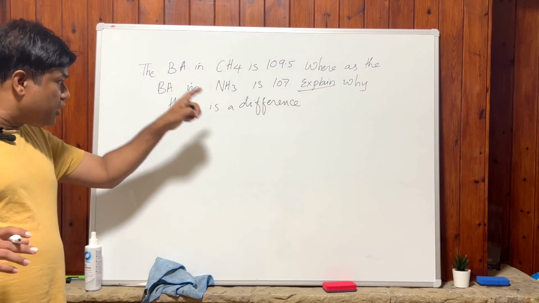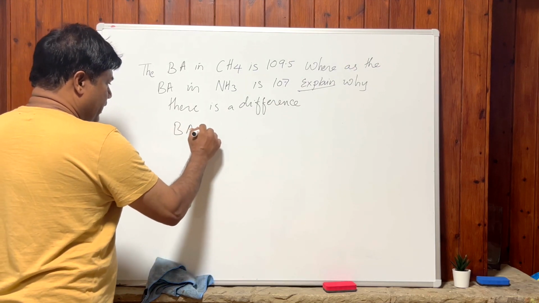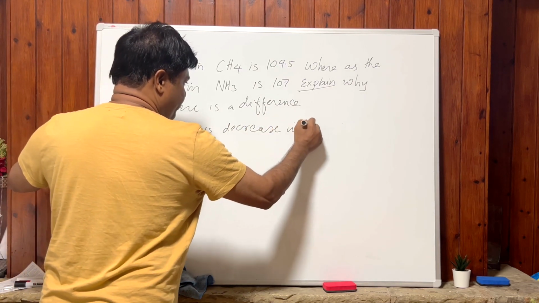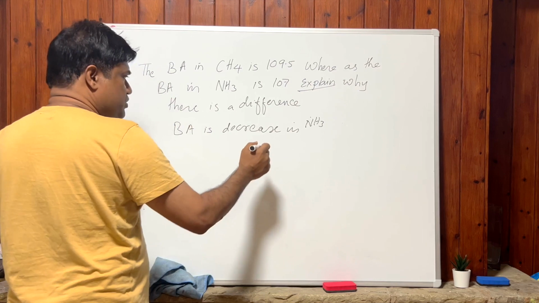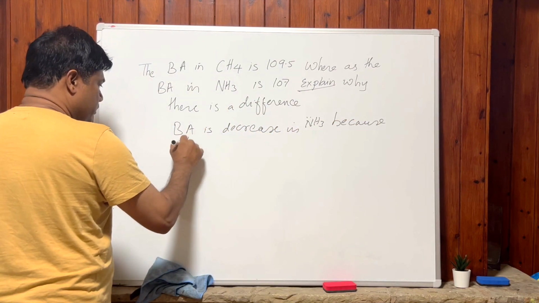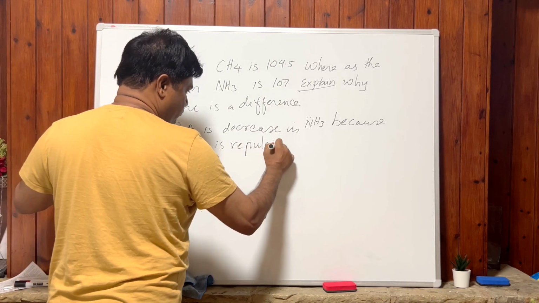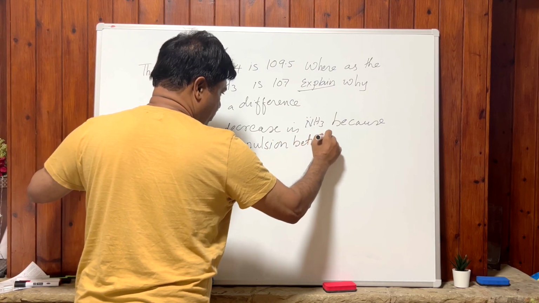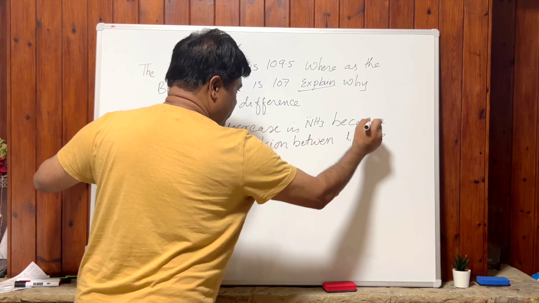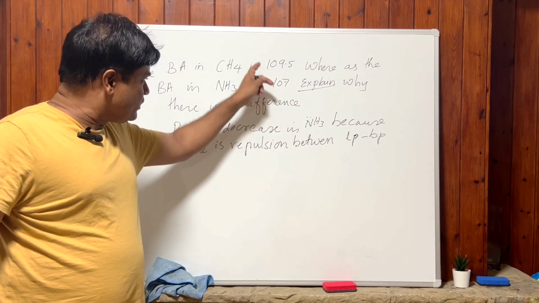In ammonia, NH3, the bond angle is decreased because there is a repulsion between lone pair and bond pair, LP and BP.